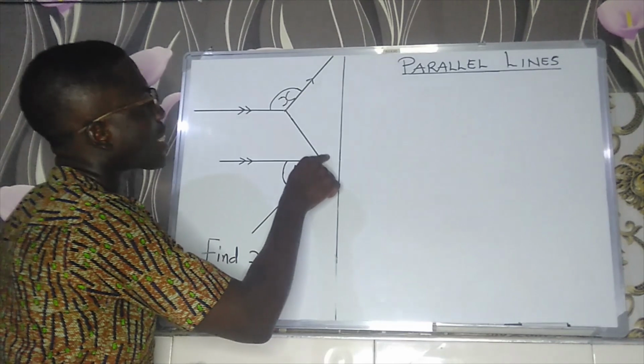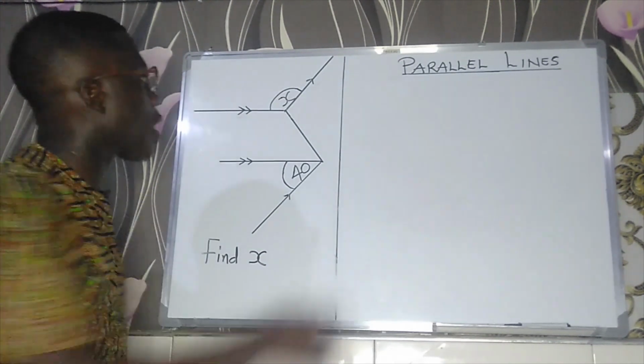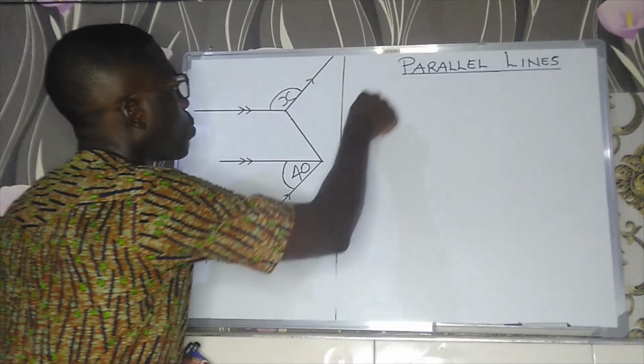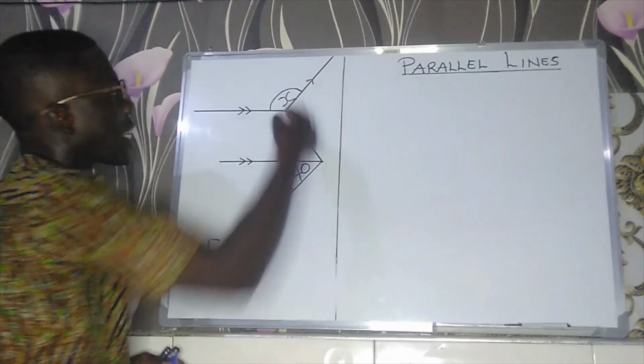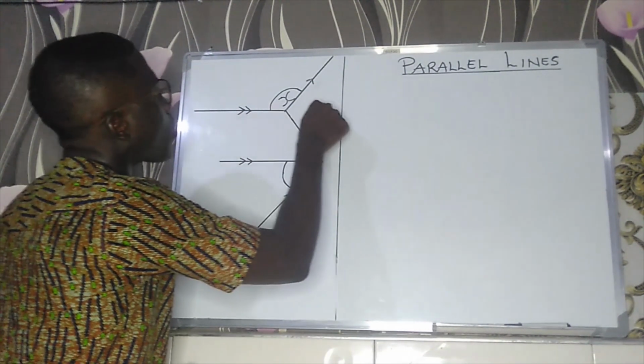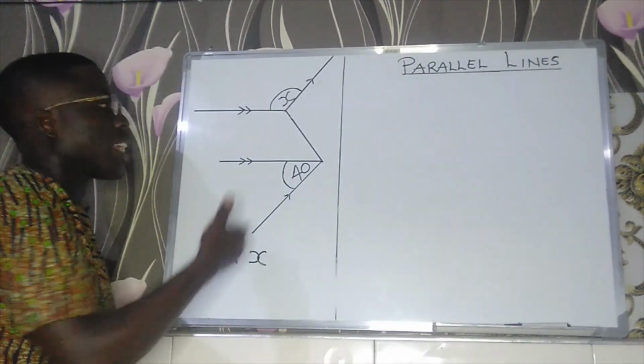Now, if we extend this line forward this way, it won't do us any good because we are supposed to solve for x. If we extend this one this way, it has nothing to do with this x. And if we extend this one this way too, it has nothing to do with the x and the 40.